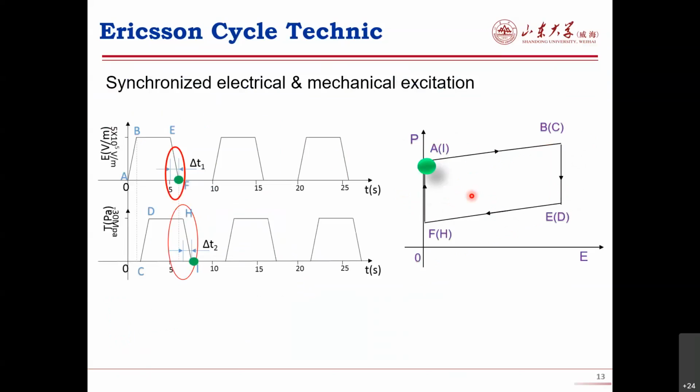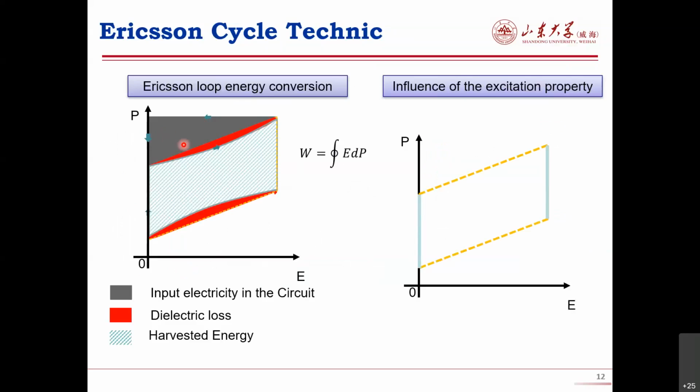And when we use this model, actually we use a power amplifier to provide the electric field. That is, we are imparting energy to this energy harvesting system. How can we see we are harvesting energy?